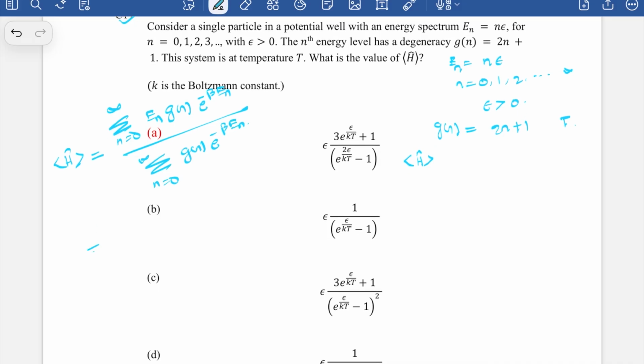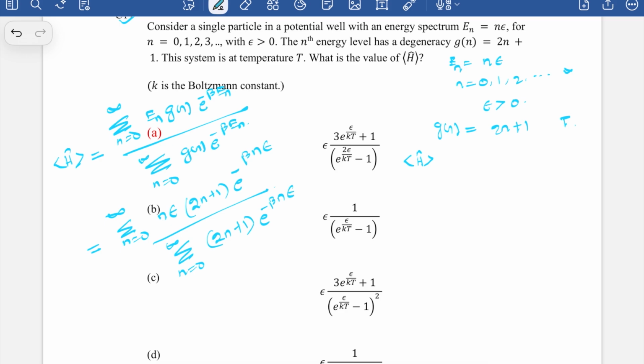If we substitute En, we will obtain summation over n from 0 to infinity of n epsilon times 2n plus 1 times e to the power minus beta n epsilon, divided by summation over n from 0 to infinity of 2n plus 1 times e to the power minus beta n epsilon.